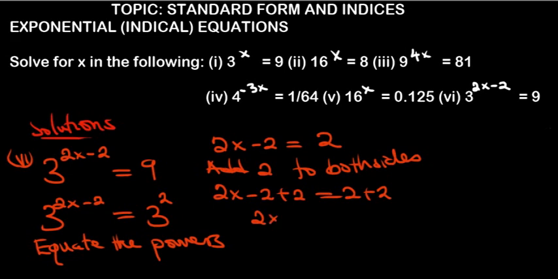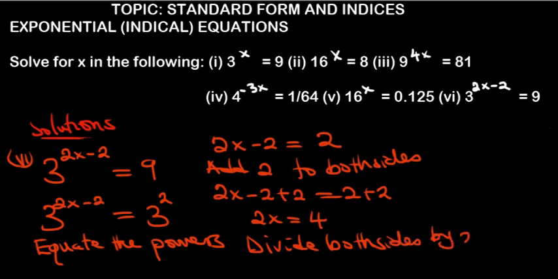That means 2x equals 4. Then from here you divide both sides by 2. That means you have 2x over 2 equals 4 over 2. 2 cancels 2. Therefore x equals 2, and that's the answer.